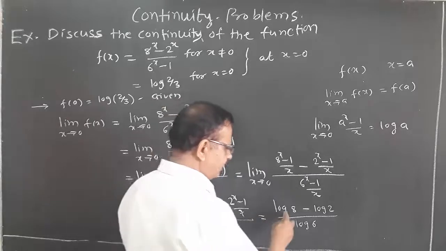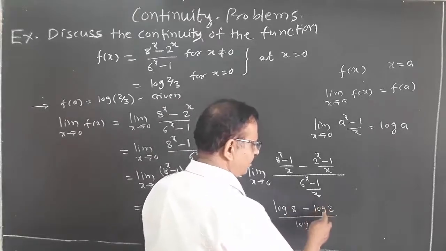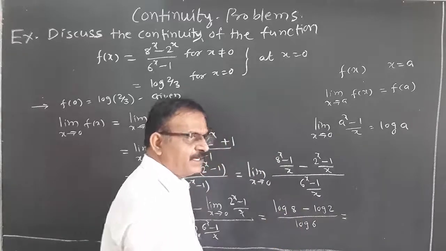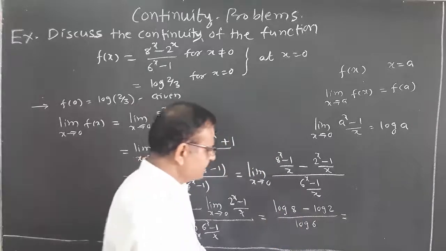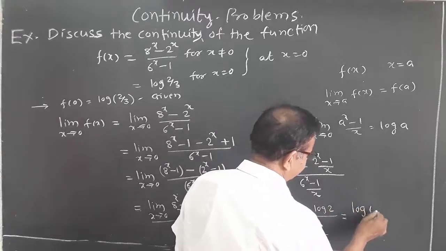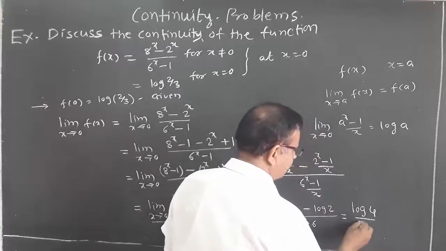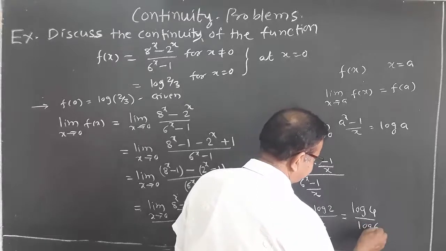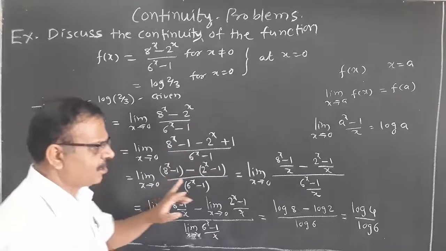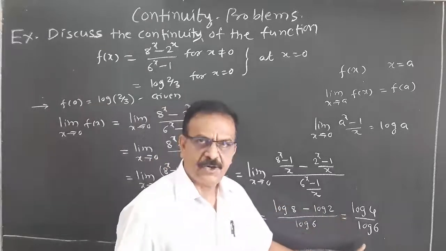Now, log of a minus log of b is nothing but log of a/b. Therefore, this is log of 8/2, that is log of 4, and this is log of 6. Thus, limit of the function is log of 4 divided by log of 6.